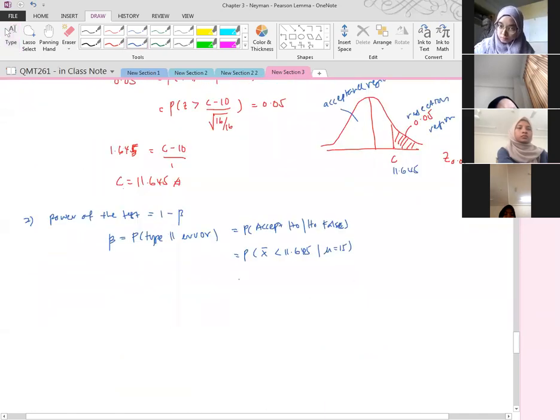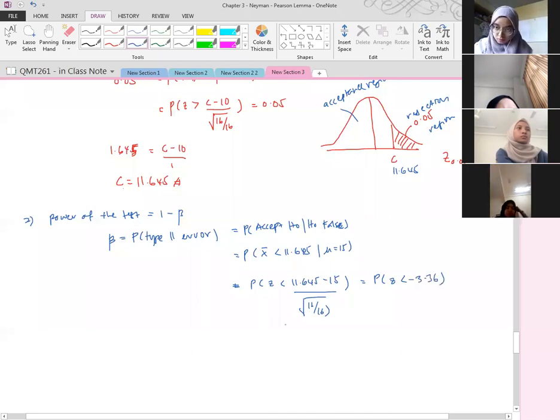So this should be equal to the probability of Z less than 11.645 minus 15 divided by square root of 16 over 16. This should be equal to the probability of z less than negative 3.36.